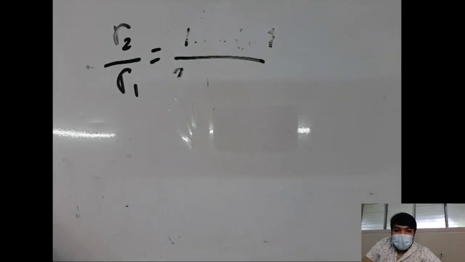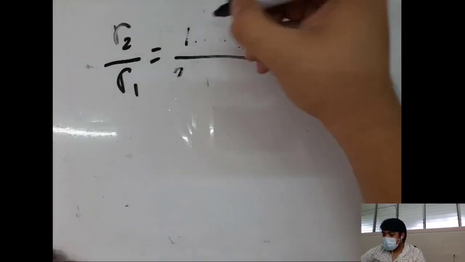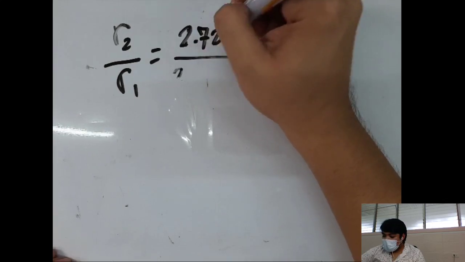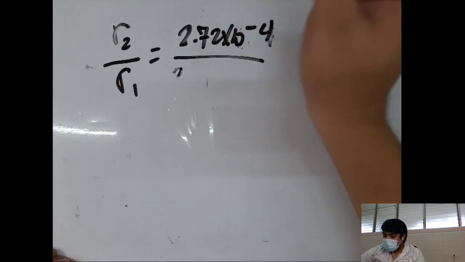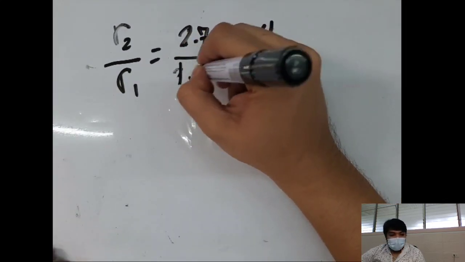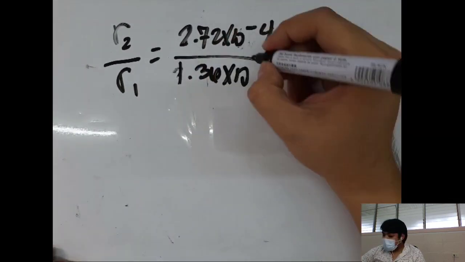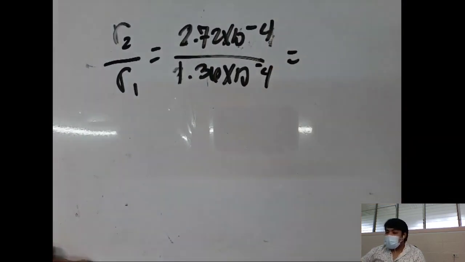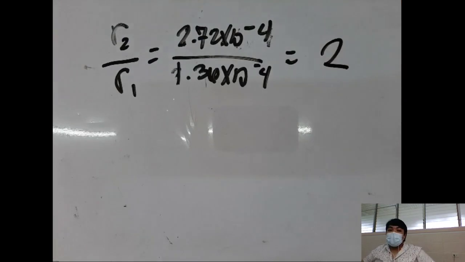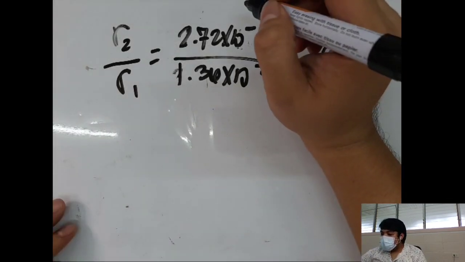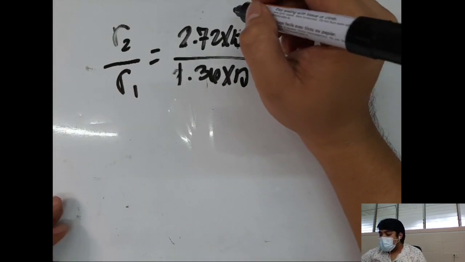So we'll write it down here. It's 2.72 times 10 to the negative 4 divided by 1.36 times 10 to the negative 4. So you get the factor, it's obviously 2. So the reaction rate increased by the same magnitude when you increase the initial concentration of hypochlorite by a factor of 2.